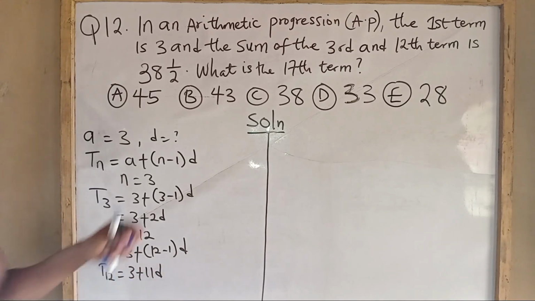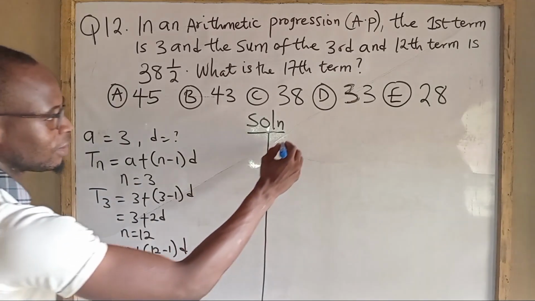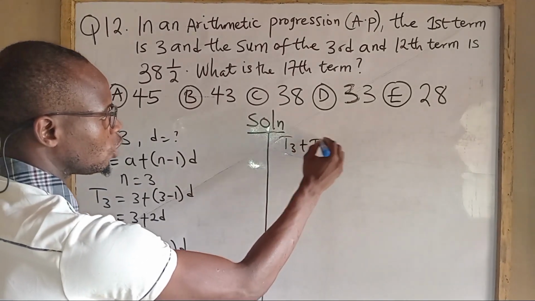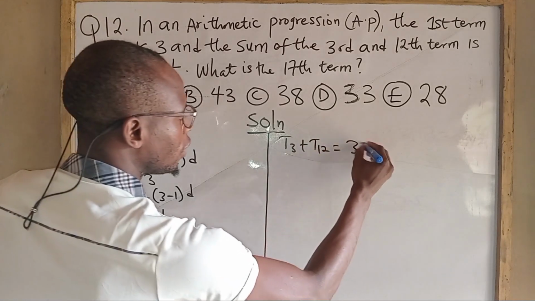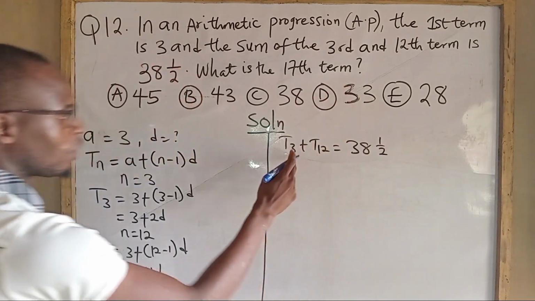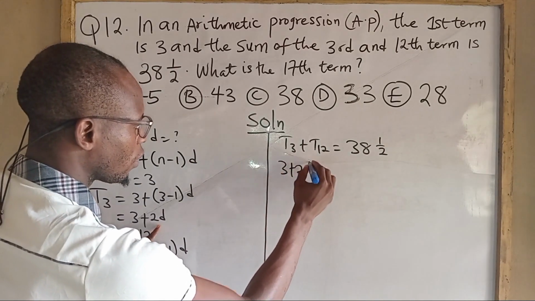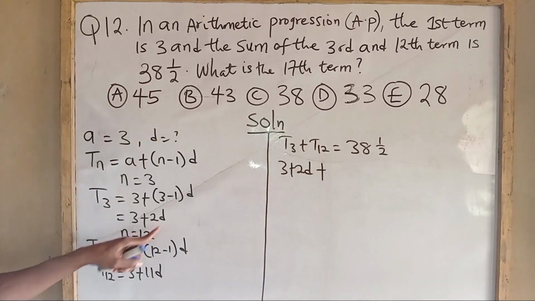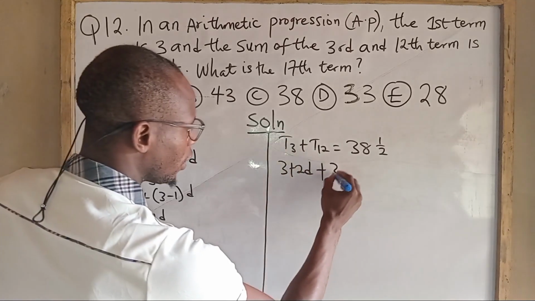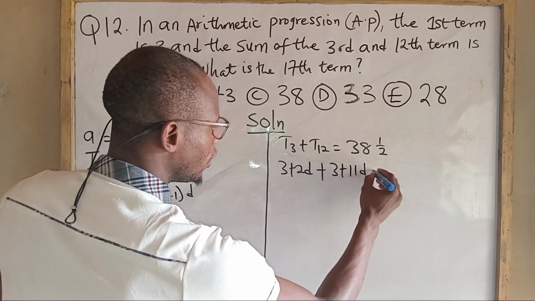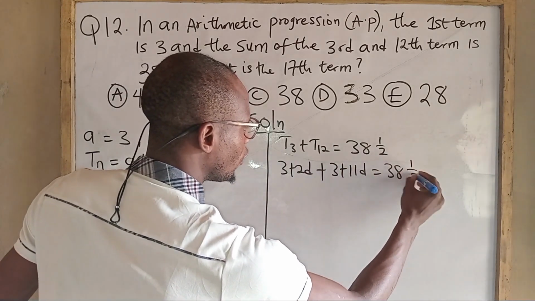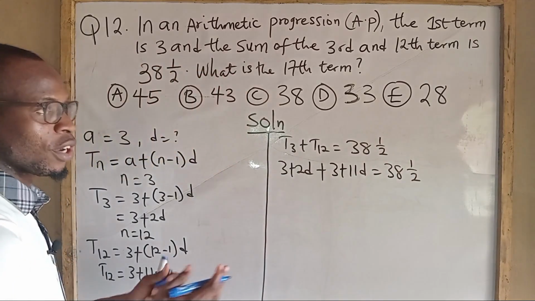So we are told that the sum of the two, that means T3 plus T12, is equal to 38 whole number 1 over 2. So what is T3? We have 3 plus 2D, plus, sum means we are adding, T12, which is 3 plus 11D, equals 38 whole number 1 over 2. From here we can collect like terms.